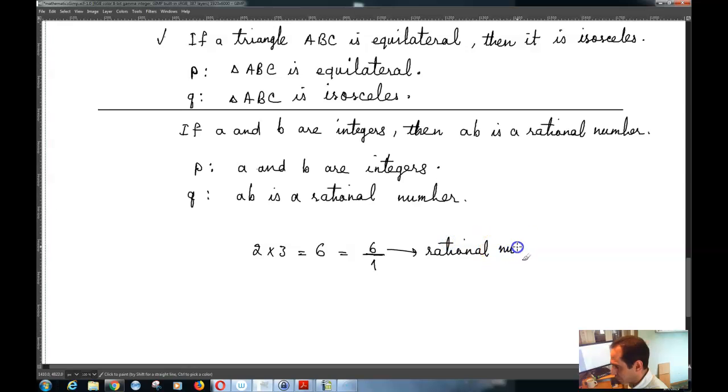And any other example that you take, you will have essentially the same result. And of course you can prove this as well, but that's not the point here really. The statement is true.